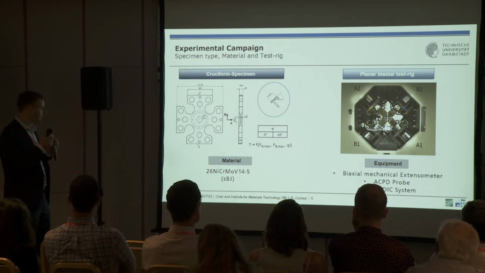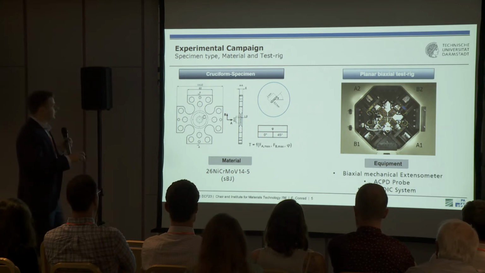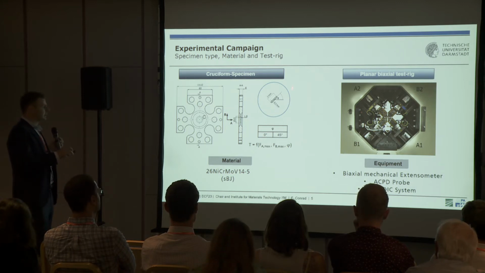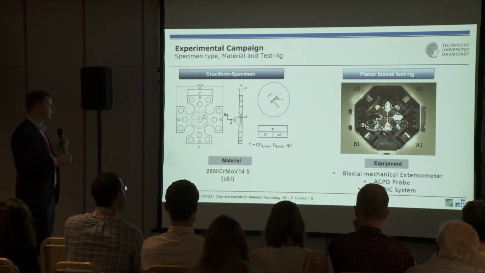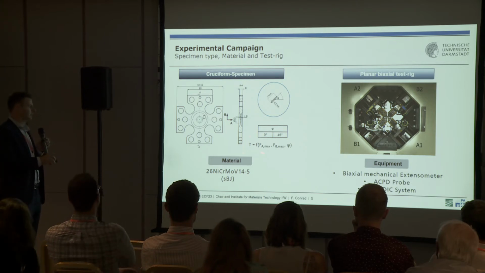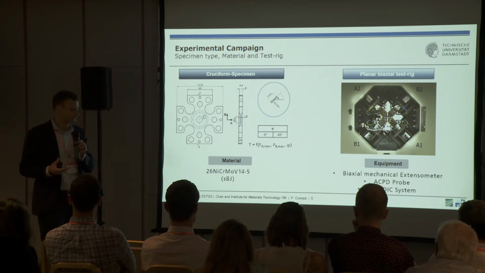So this is very thin, and we assume here plane stress conditions. We machine an initial crack starter notch by EDM machining with an orientation of 0 and 45 degrees. And by that, or with the forces in direction A and B and the initial crack starter notch orientation, we can influence the T-stress with one specimen.